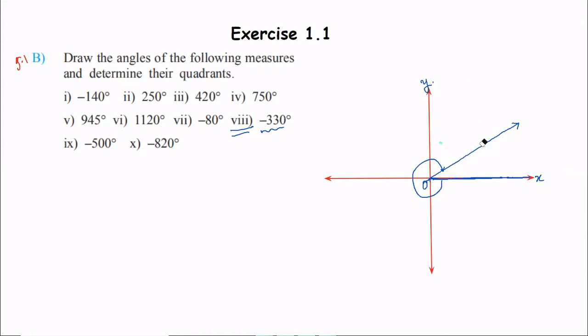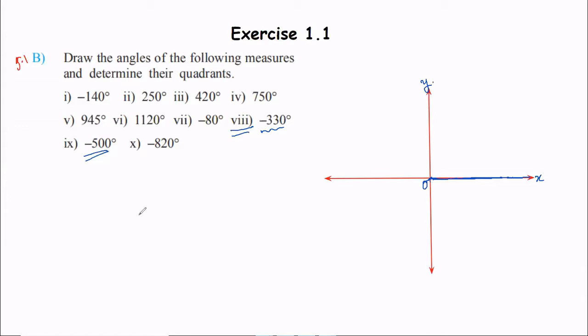So now moving to the ninth question, that is to draw the angle of minus 500 degrees and determine its quadrant. Minus 500 degrees, what is the nearest multiple I have of 360? It is 360 itself. So let's try to find the difference.